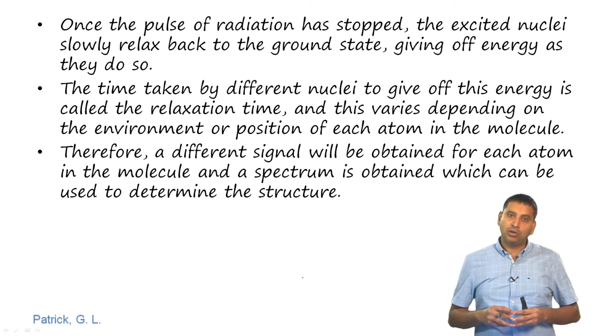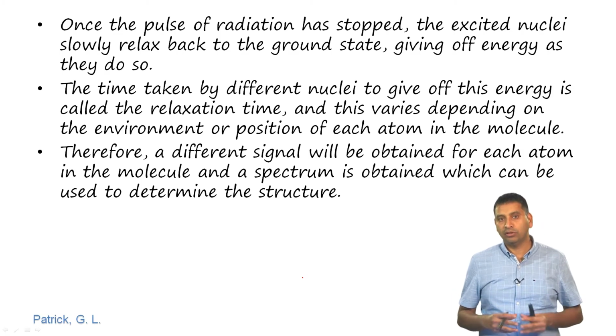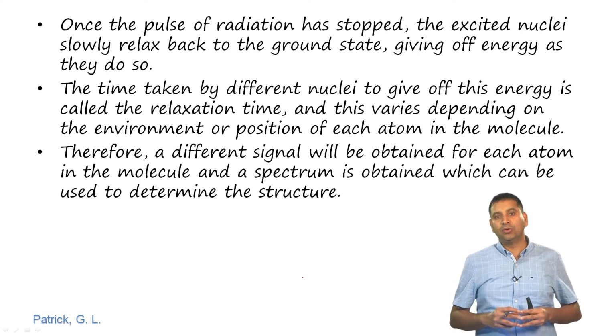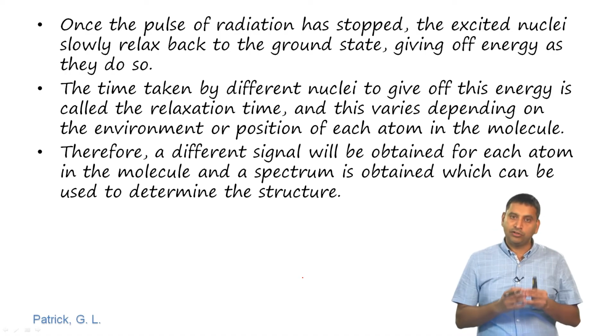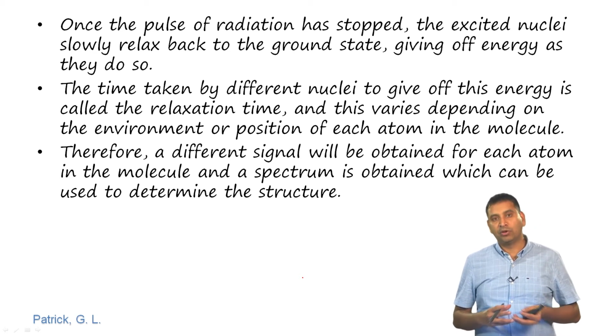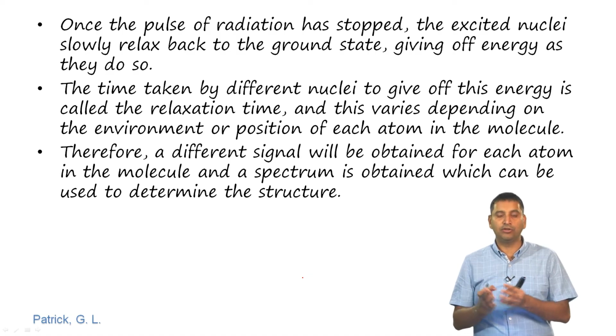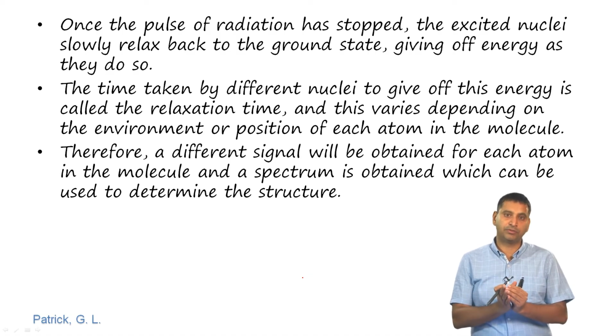And if two atoms are identical, that means the chemical environment is identical, then they would give out the same signal. So, based on this, you would obtain a spectrum, because let us say you have about 25 protons, different kinds of hydrogens in a molecule. In principle, you can have around 25 different signals, but some of them will be identical. So, you may see around 10 to 12 signals.